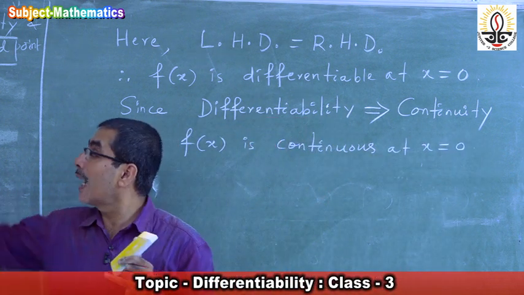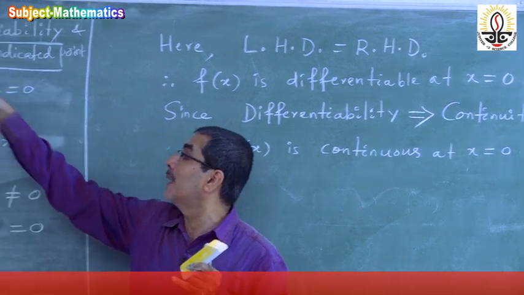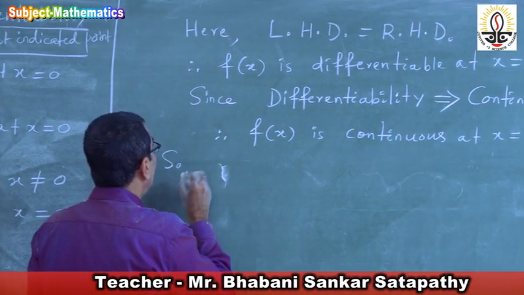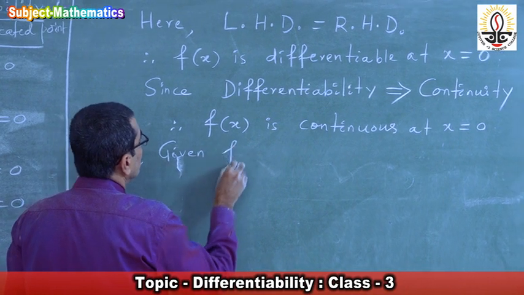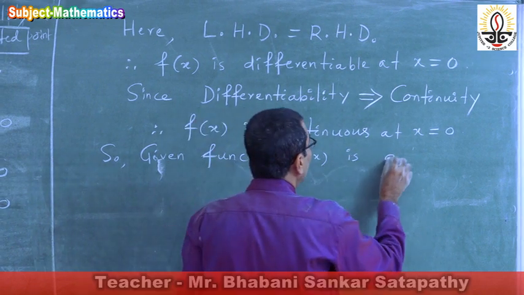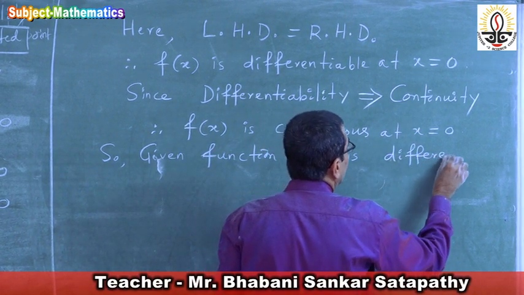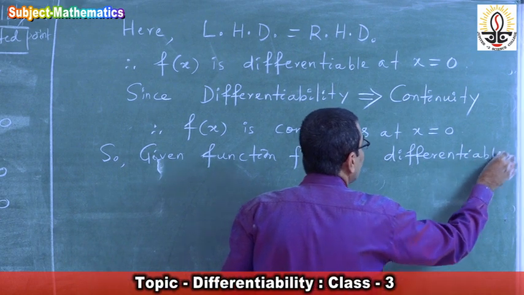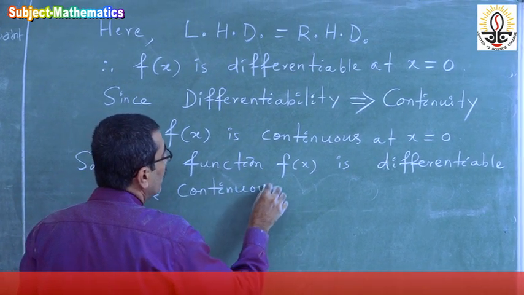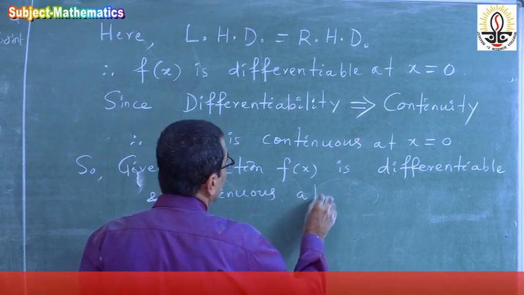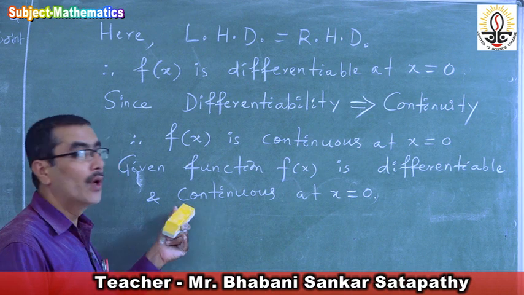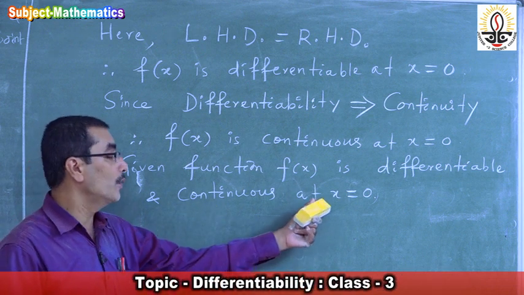So what is the answer of your question? Test the differentiability and continuity at the indicated point. So we get the given function f of x is differentiable and continuous at x is equal to 0.